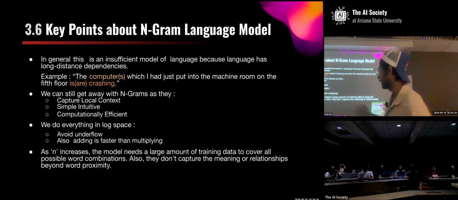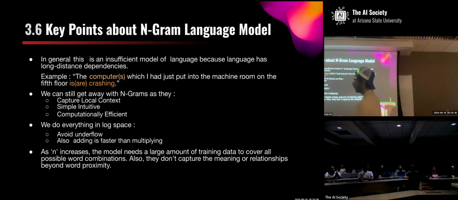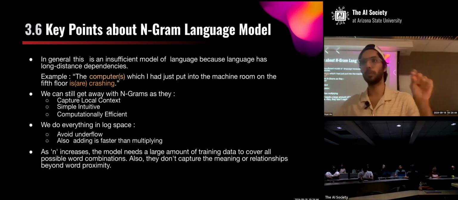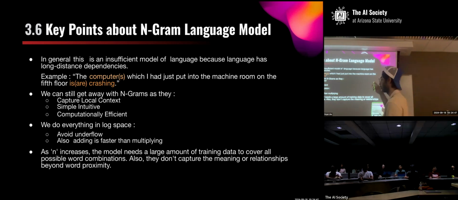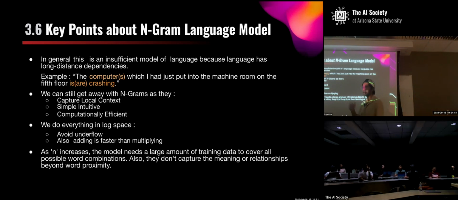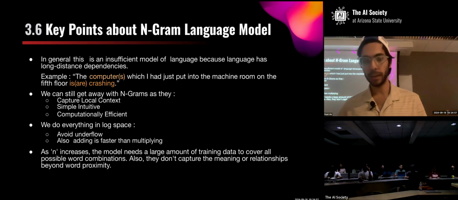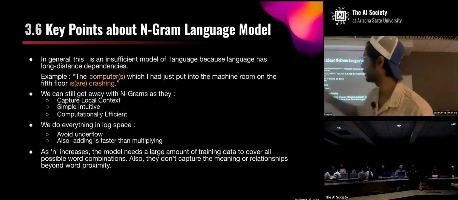And as I said, as n increases, we need a large amount of data, because as you saw, we are taking a sequence of words into consideration to predict the next word. Let's say n is equal to 5, or 6, or 20.